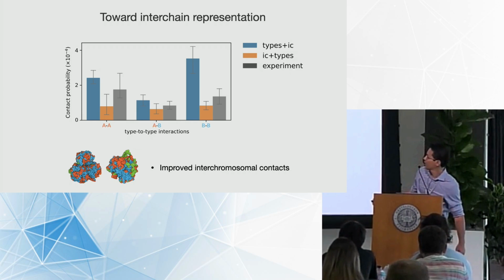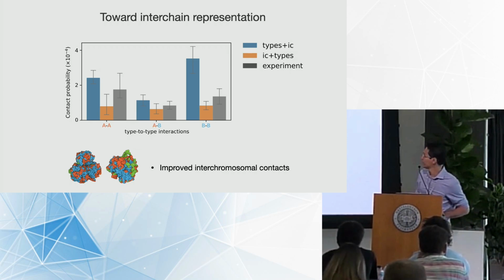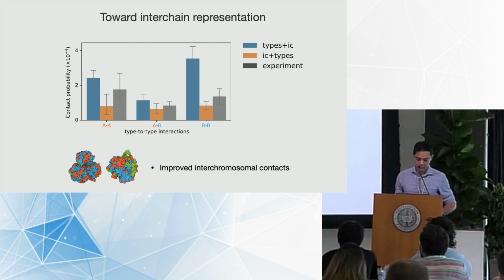But then when we compare with the experiment like this, this is also overestimated. But with the new training, as we can see here, the interactions between A's and between B's are closer to the experimental values.